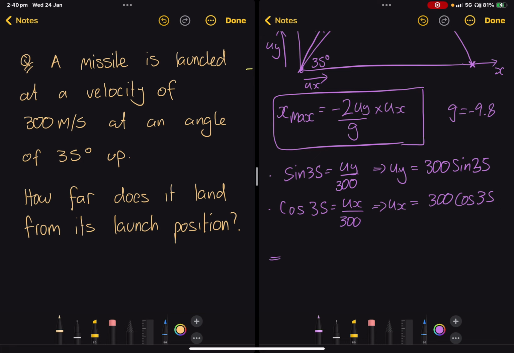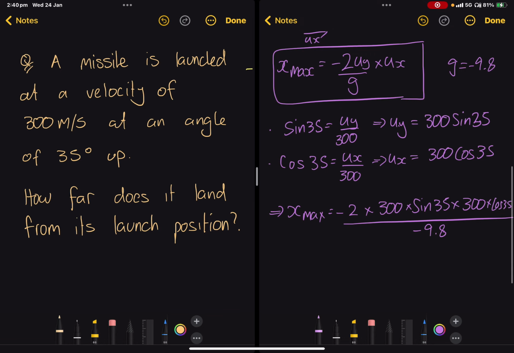We'll plug this all into our x max formula. The x max is equal to minus 2 times 300 times sine 35 times 300 times cosine 35, all divided by minus 9.8. So we put this whole thing into our calculator.